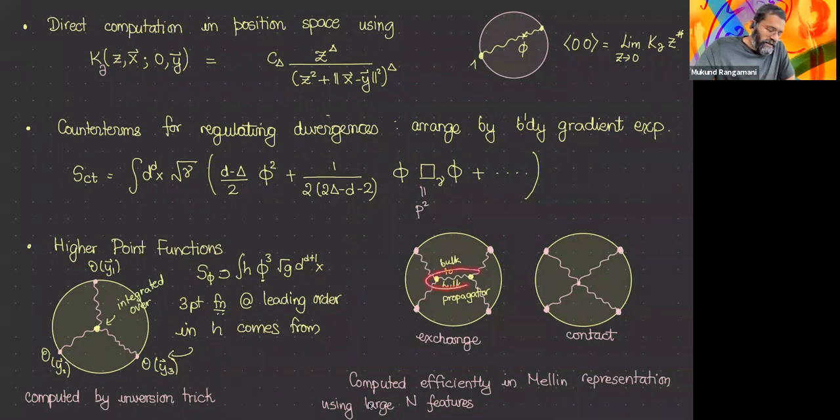Anyway, this is in AdS spacetime, so this spacetime is nice and symmetric. So these bulk-to-bulk propagators were computed for various fields of various spin in the early days of AdS CFT. So you can find those in the literature. But even if you have the bulk-to-bulk propagators, you have to do this double integral in the bulk. And this turned out to be pretty formidable. There are a couple of tricks people used.